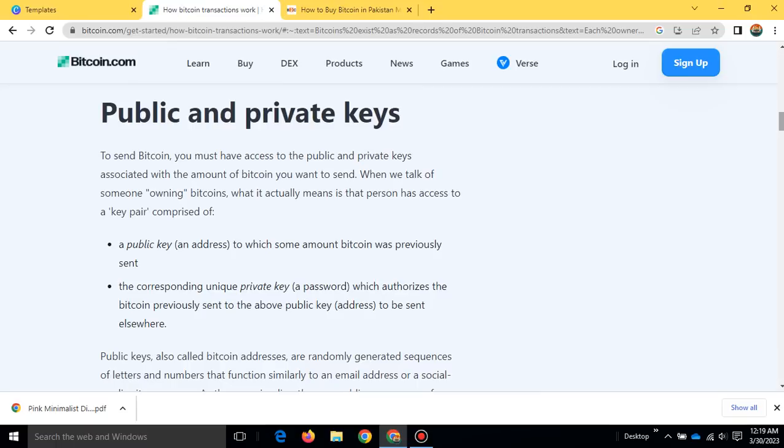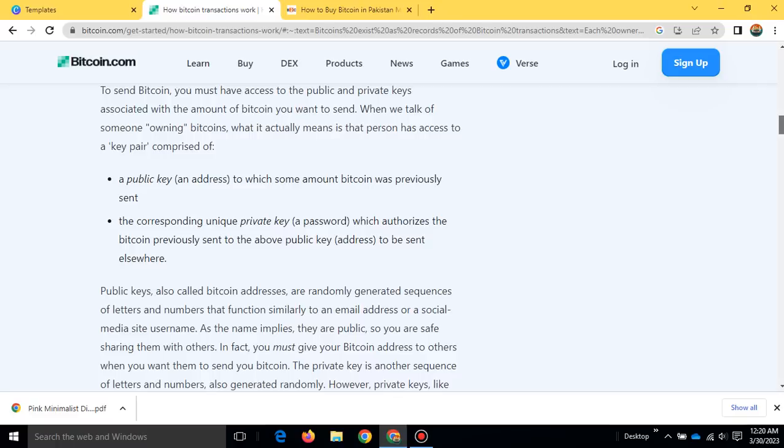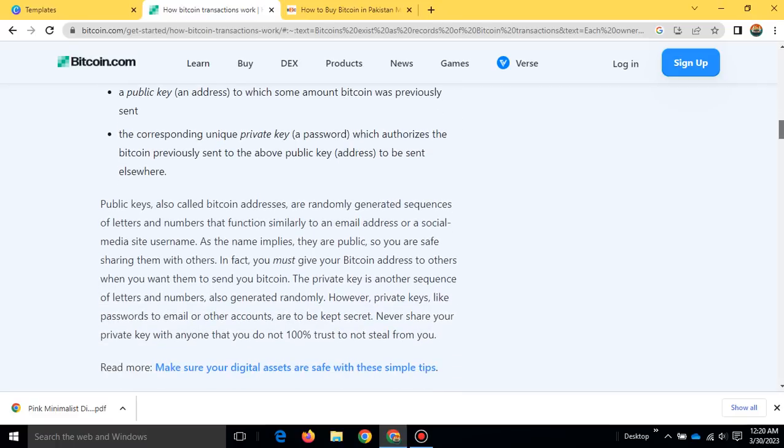The corresponding unique private key, a password which authorizes the Bitcoin previously sent to the above public key address to be sent elsewhere. Public keys, also called Bitcoin addresses, are randomly generated sequences of letters and numbers that function similarly to an email address or a social media site username.